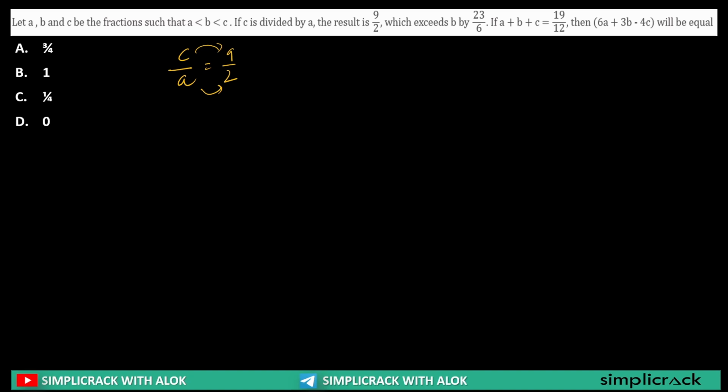That means b is equal to, according to this whole question, b is equal to 9 by 2 minus 23 by 6, or I can say 27 by 6 minus 23 by 6 is equal to 4 by 6, is equal to 2 by 3. Correct?